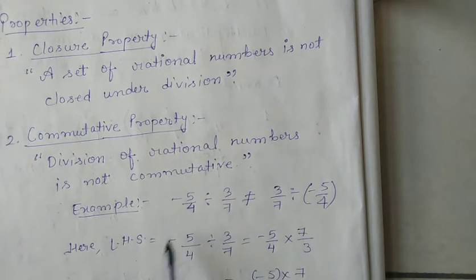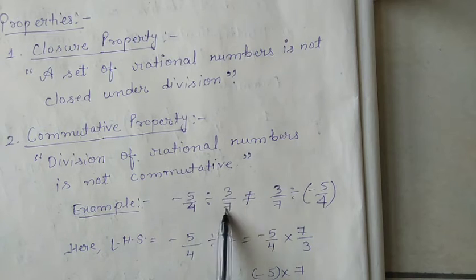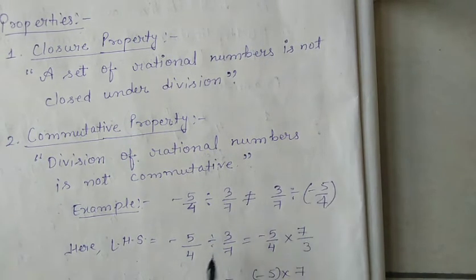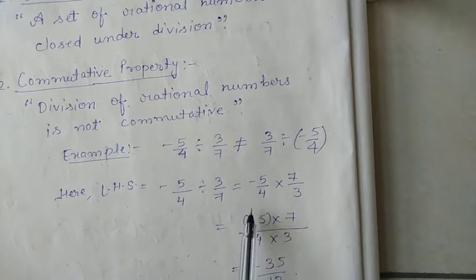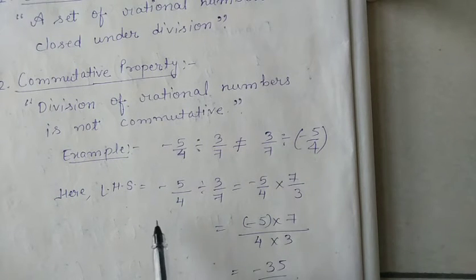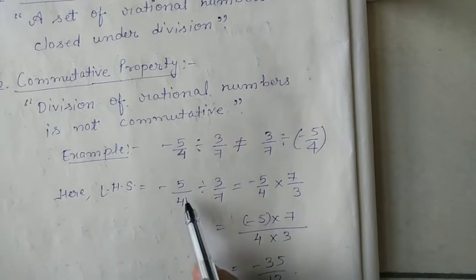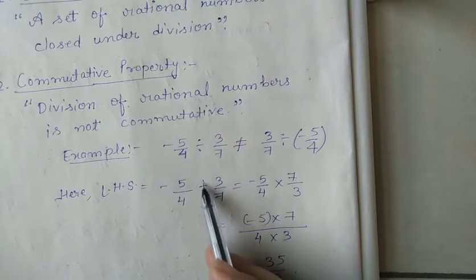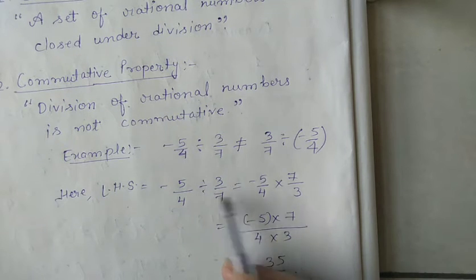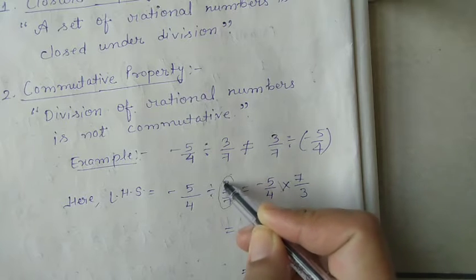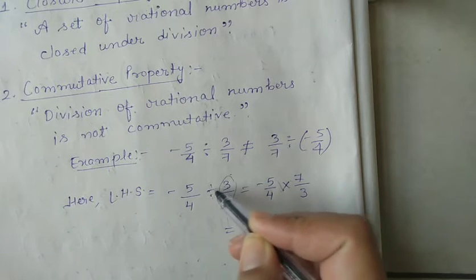For example, minus 5 by 4 divided by 3 by 7 is not equal to 3 by 7 divided by minus 5 by 4, because when we solve here LHS, we got the answer different from its right hand side. I show you here, when we divide two rational numbers, we change this divide sign into multiply and we take the reciprocal of the number after the divide sign.